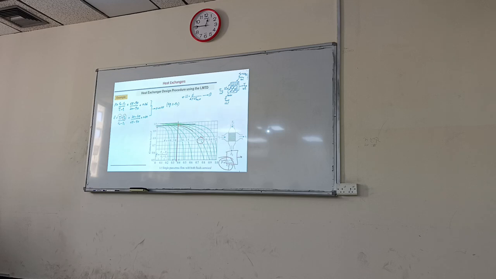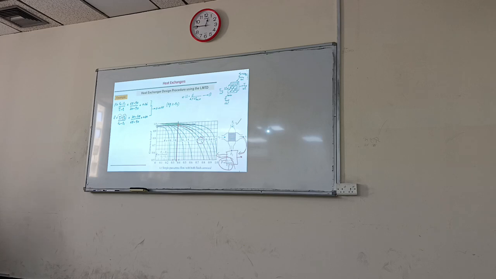Or maybe this air is again made to flow like this. That will be double pass, but we are not covering double pass cross flow here. Only single pass. This is single pass, so double pass means like this. The same air is again made to flow to transfer more heat. That's what I think is the meaning of double pass cross flow. But normally we have a single pass radiator.